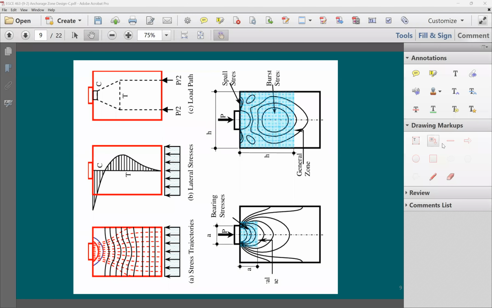It's going to be at the mid height of the beam. Same thing here, right? Same thing here. After a distance which is equal to h, look at this. Here's h, here's h. It's going to be the area of study. The stress is going to be completely uniform. It's going to be equal.